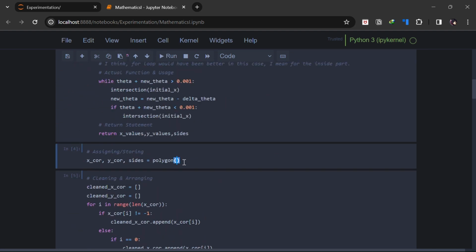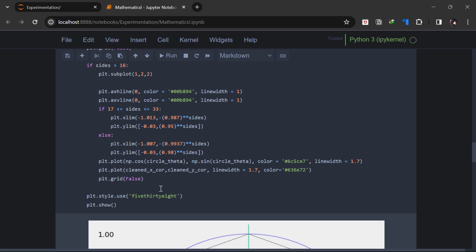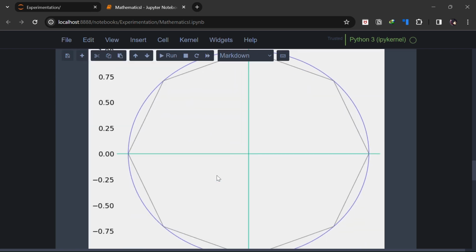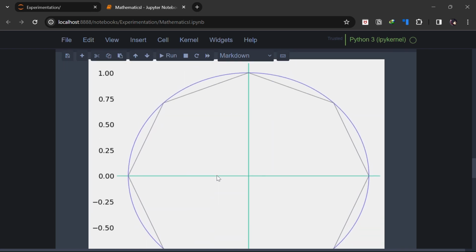So let me start with a very simple polygon, a polygon of maybe 8 sides. So it's an 8-sided polygon, and I've just shown you this particular figure to familiarize you with the kind of program that I've made.